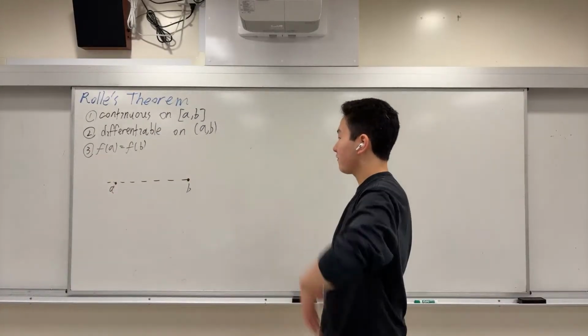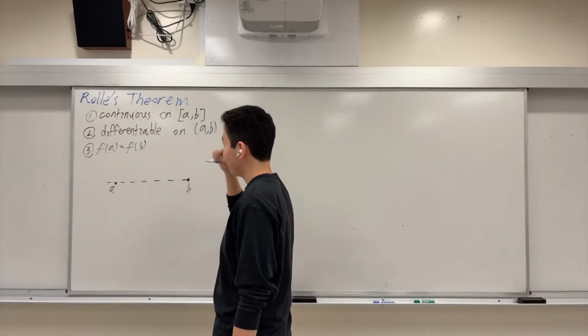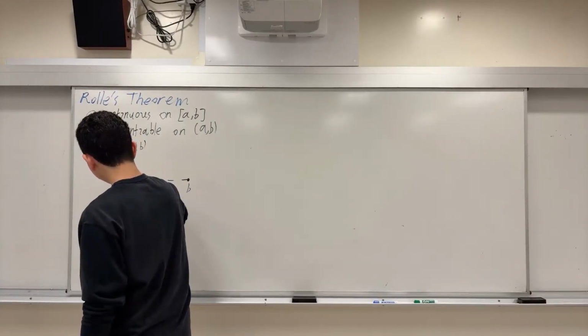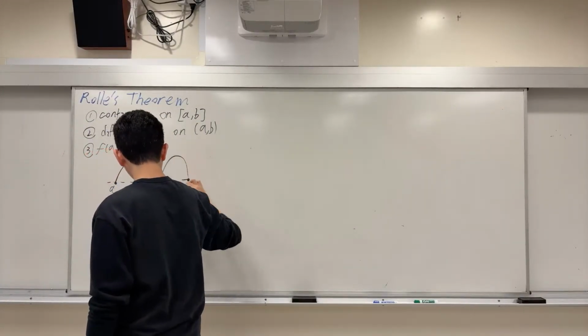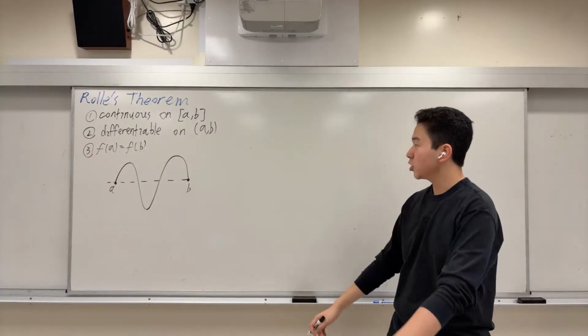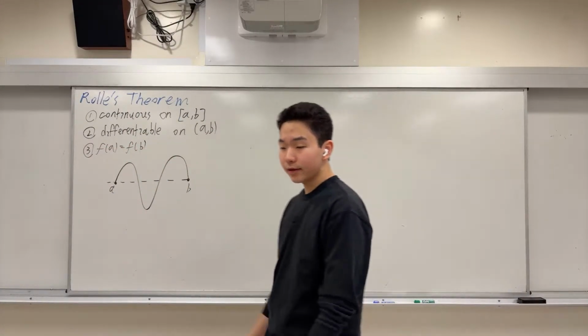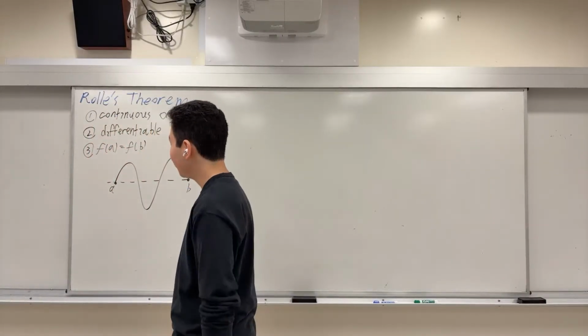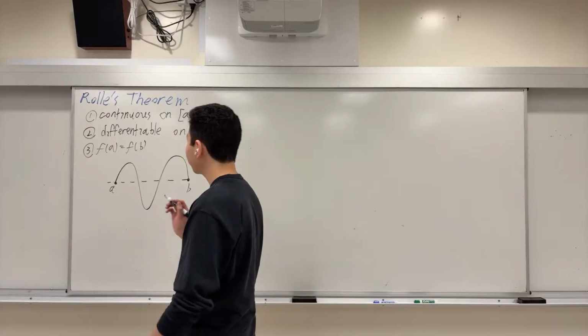Now I can draw whatever function I want as long as it's differentiable. So maybe I'll do something like that, okay? So this is just like any function that satisfies this. And what Rolle's theorem tells you is that there exists at least one c between a and b so that f prime c equals 0.